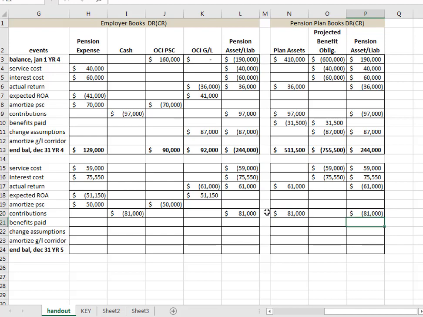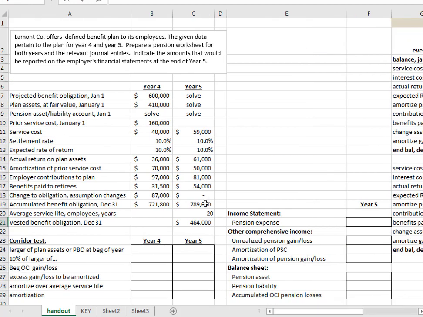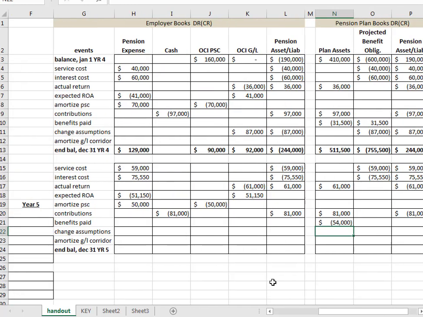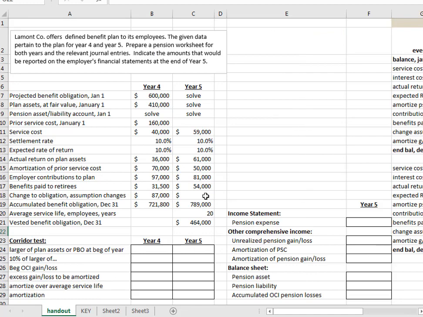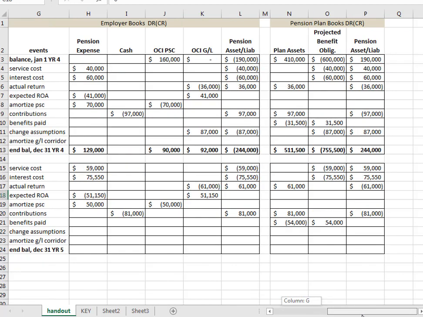All right, benefits paid. It's going to decrease assets and decrease obligations on the plan side of things. It's not going to change anything on the employer side. They're not involved in paying the pensioners. No change to the net assets. All right, change in assumptions. There were none.